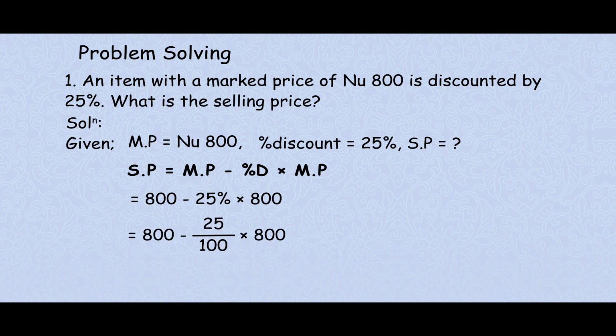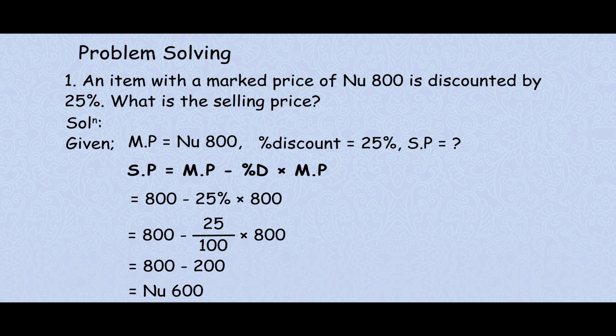So it is equal to 800 minus 25 over 100, percent means over 100, times 800. By using BEDMAS, we have to solve 25 over 100 times 800 first. By solving this one, we get 200. So 800 minus 200 is equal to Nu 600.